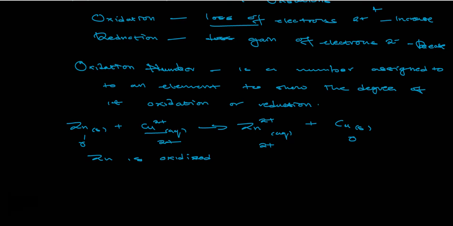Here we have 0, meaning this one has been reduced. Copper 2 has been reduced. So the two reactions, oxidation and reduction, happen at the same time.